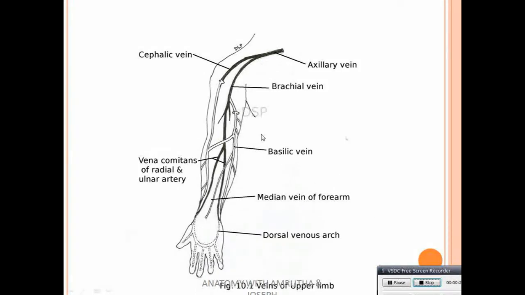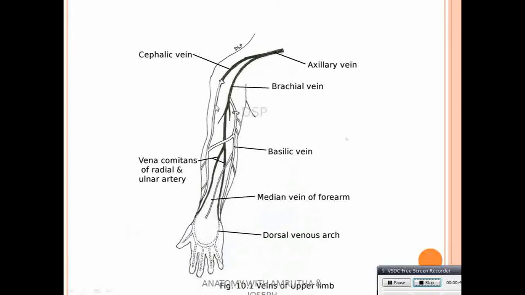So these are the veins that can be seen in the upper limb, which can be divided into superficial veins and deep veins. Superficial veins are seen superficially, that is in the superficial fascia, whereas deep veins are usually accompanying the deeper arteries.